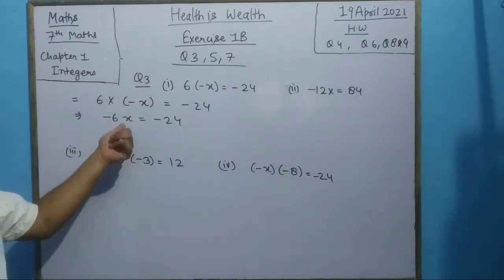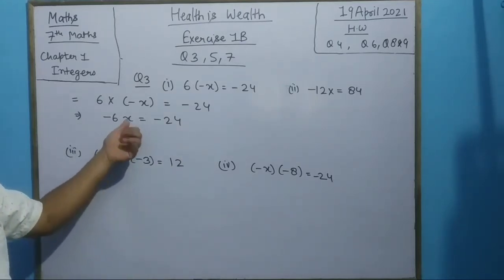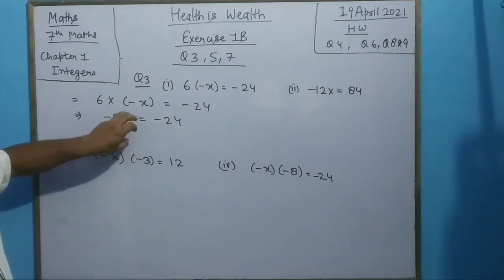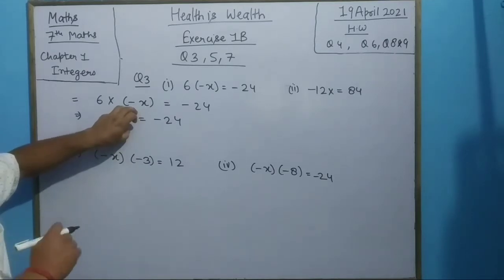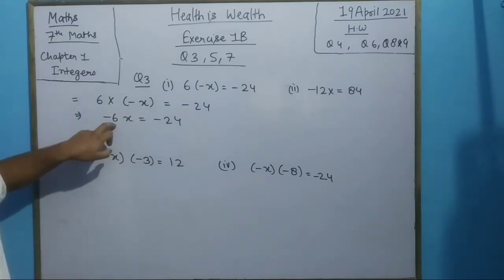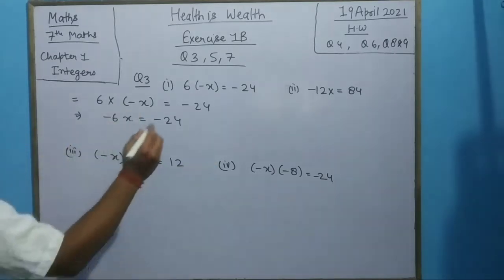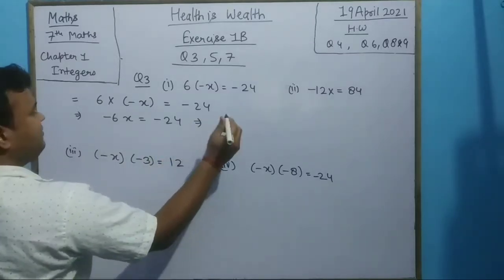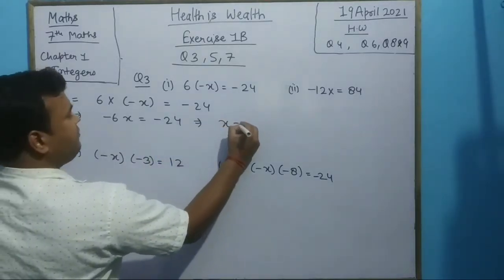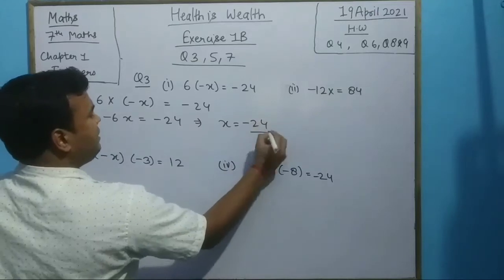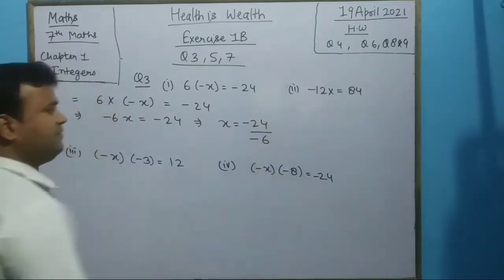We need to find the value of x, so we have to keep x on the left hand side and shift minus 6 to the right hand side. It will be minus 24 upon minus 6.